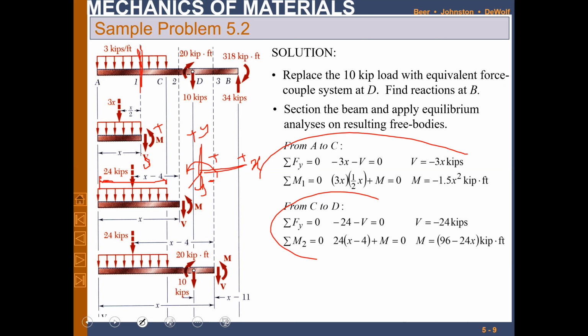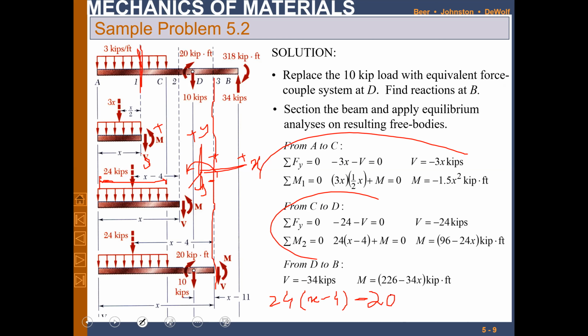Now we come to this next section. What will happen then? It will be 24 into x minus 4, right? And this is minus 20, because this is in this direction, positive is counterclockwise, so it is negative.